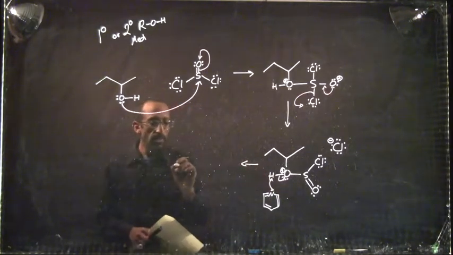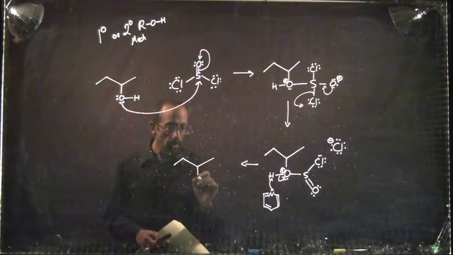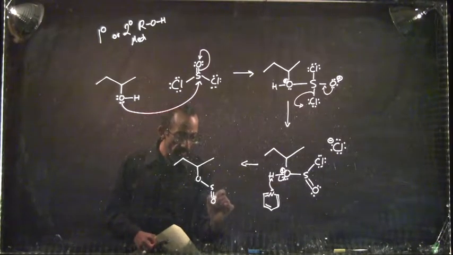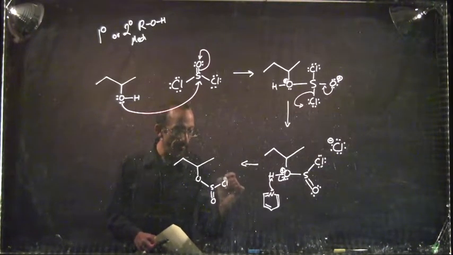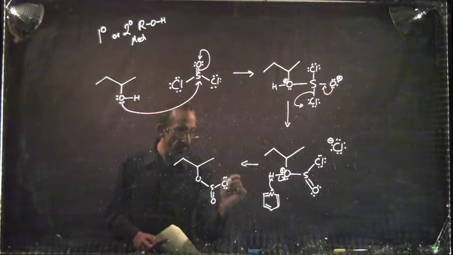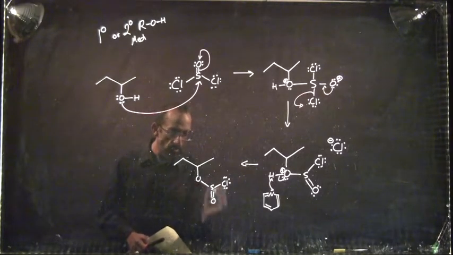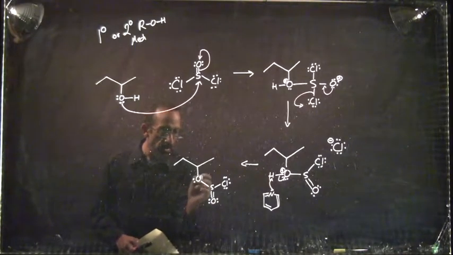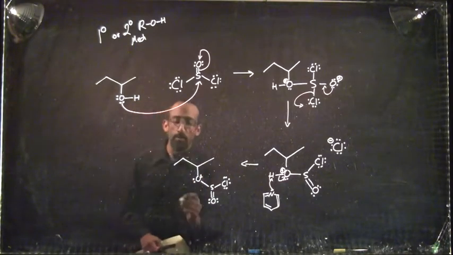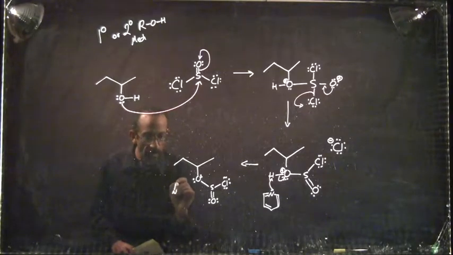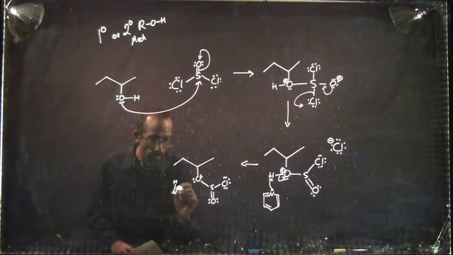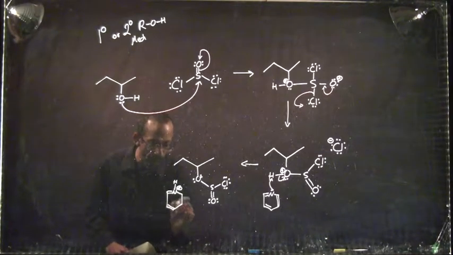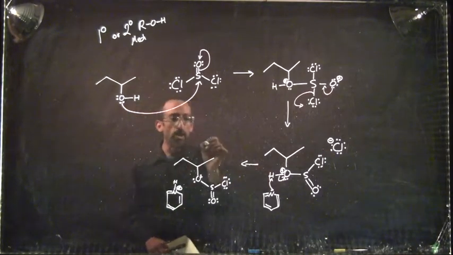From there, we now have this intermediate. We still have our protonated pyridine, or excuse me, we have formed protonated pyridine. And we still have our chloride anion.